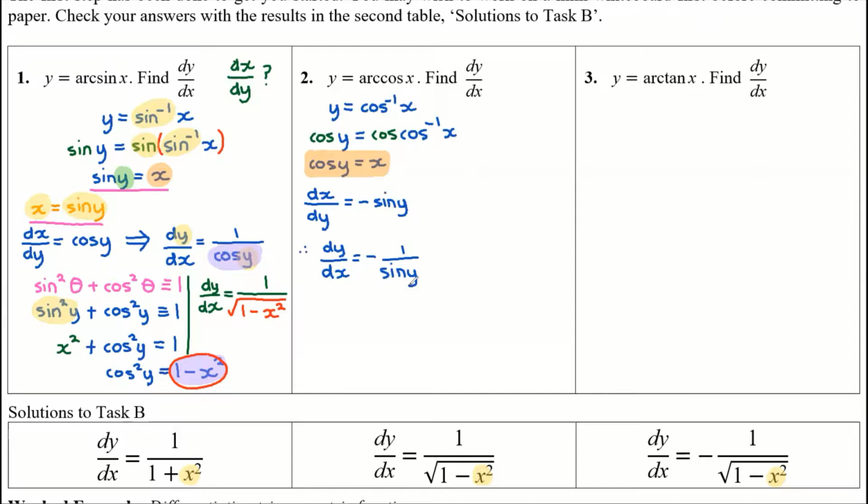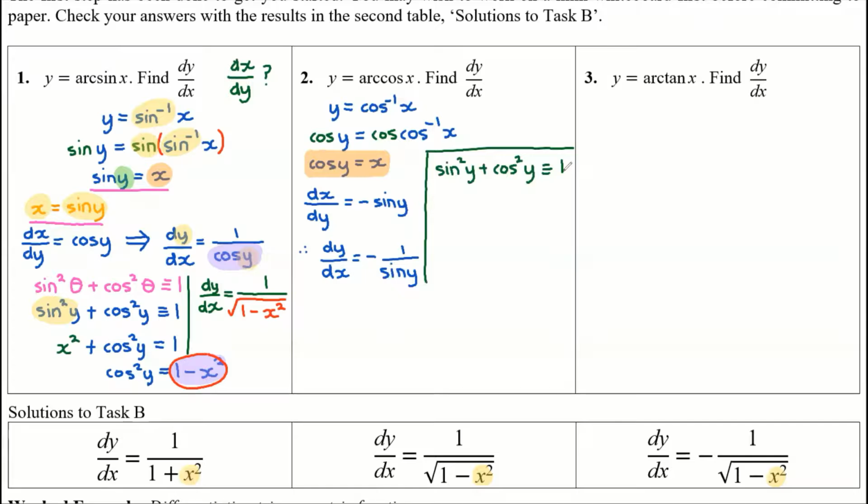Once again, we can use a trigonometric identity. So I'm just going to do that over here. Make sure I don't run out of room this time. So we know, of course, that sine squared y plus cos squared y is identical to 1. Okay.